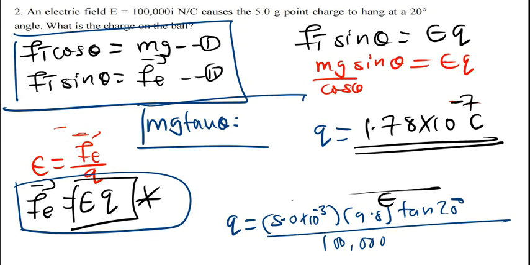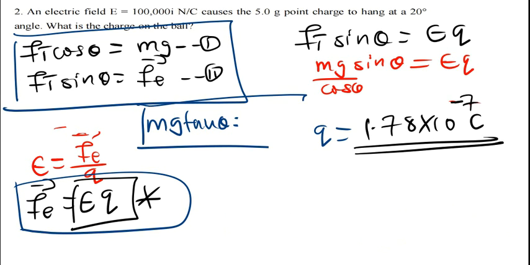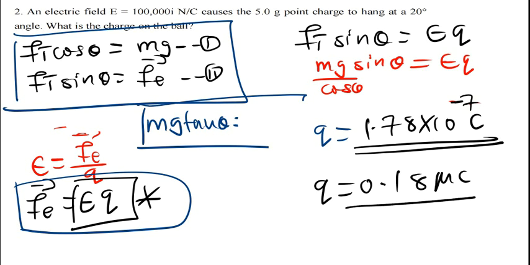Now if I want to leave my charge in microcoulomb, I need to multiply by 10 raised to the power 6, meaning my answer in microcoulomb will be 0.18 microcoulomb. So you choose. You either report your answer in coulomb or in microcoulomb. Both answers are correct. As simple as that.